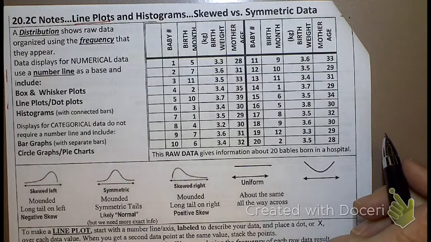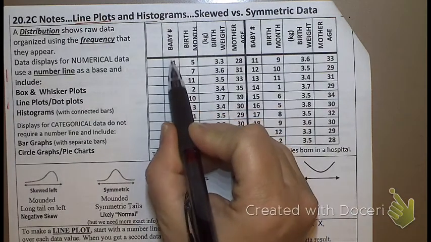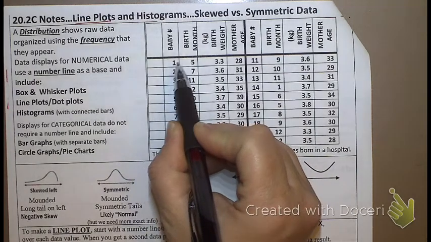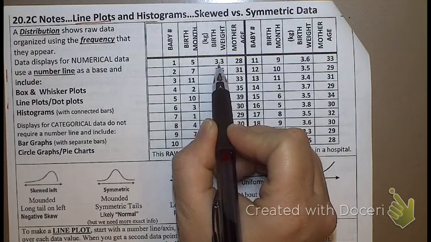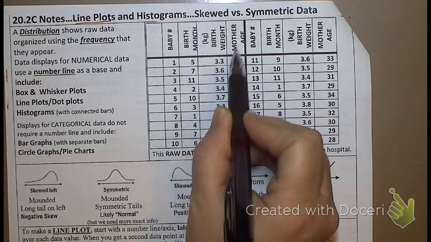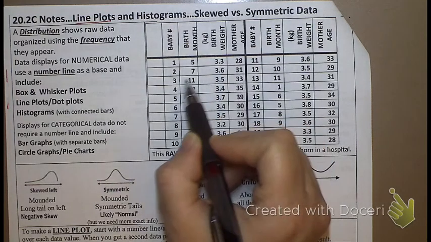Okay, it has to do with babies being born, right? So let's see. Baby number 1 was born in month 5, which is May. They weighed 3.3 kilograms, and their mother was 28 years old. So we have some information about babies and their mothers.